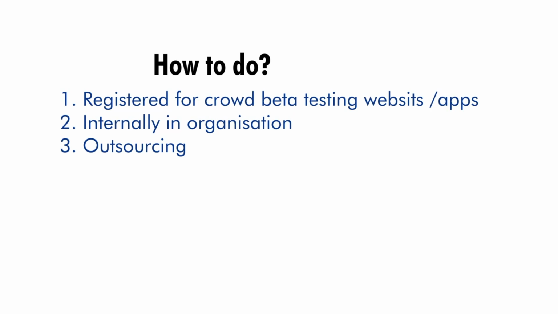If companies don't have enough resources, then they may ask other testing companies to perform crowd beta testing on their behalf. So they outsource their project for 2-3 days before launching to these kinds of testing companies, and those testing companies perform beta testing with their outsourced employees.